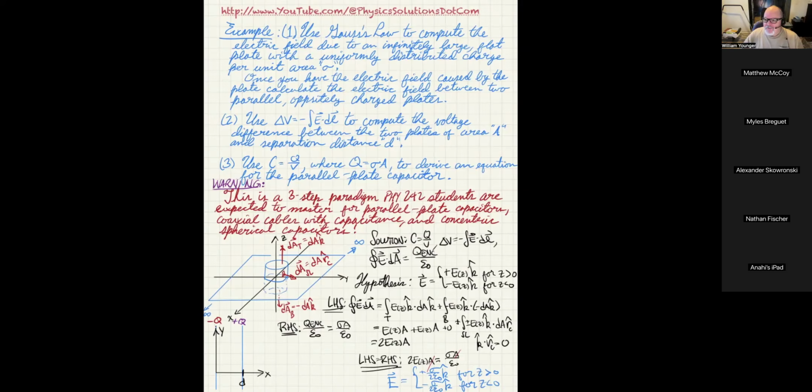So, for instance, if I put the two plates 1 centimeter apart, I would hope that the two plates are at least 10 centimeters tall. Well, actually, I'd say 20 centimeters, because I want it to be 10 centimeters from the top to the middle, and then 10 centimeters from the bottom to the middle. With that in mind, that meets the bare minimum criteria for the thing being treated as infinitely large.